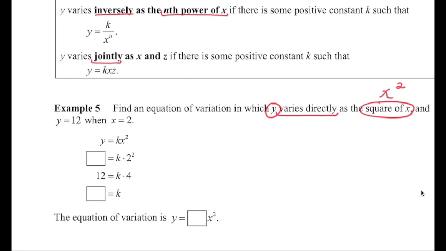That tells me we're going to use y is equal to k times x squared. I know y is 12 and x is 2. Taking 2 squared and then dividing each side by 4, k is equal to 3. Putting it back into our general equation, y is equal to 3x squared. At this point we could do something further with it if we had more information. This one just asked us to do a general equation.